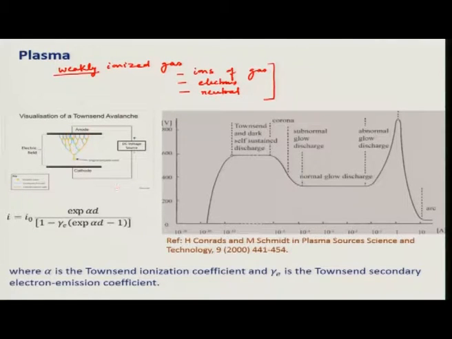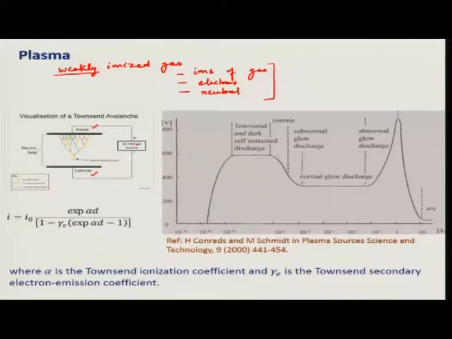Suppose you take two electrodes, one is anode and one is cathode, and you connect them with a voltage source, and you increase the voltage. There are always some electrons present in your natural environment. So, first the electron will start to accelerate towards the anode.